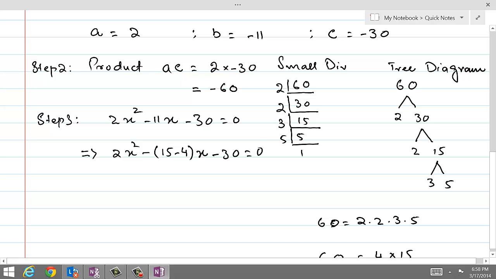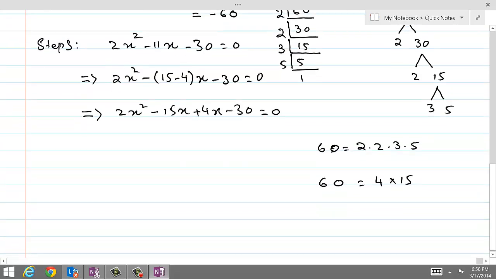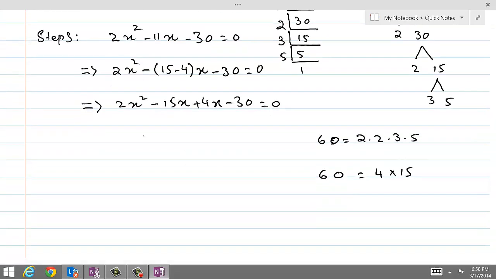We just do the usual business. What we have achieved by doing this is we have converted 3 terms into 4 terms. So this will be minus 15x and plus 4x minus 30. We have applied the distributive property here, multiplying x inside the bracket, and we have got 4 terms.